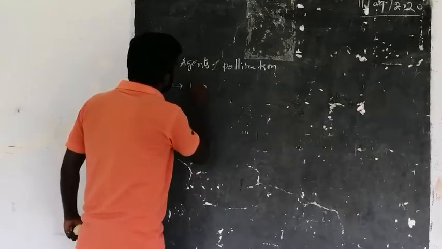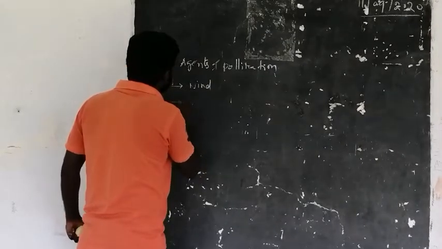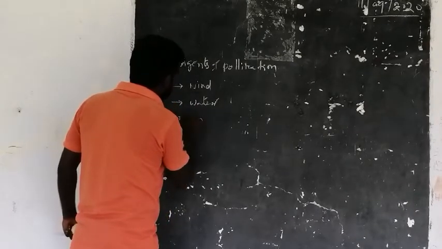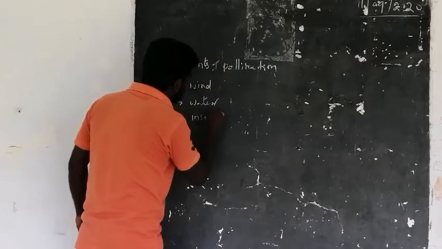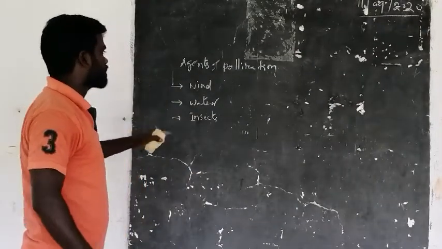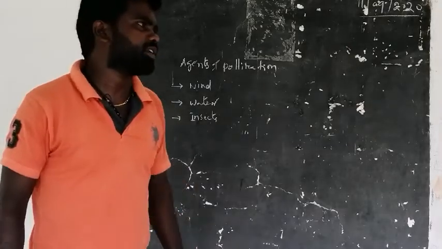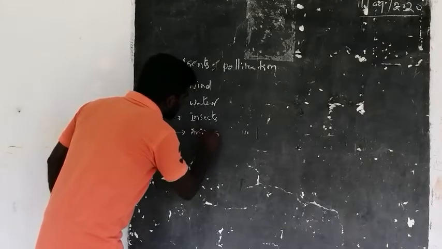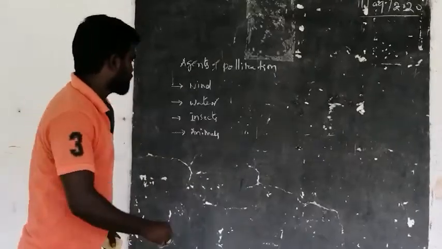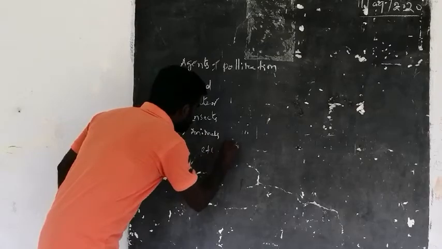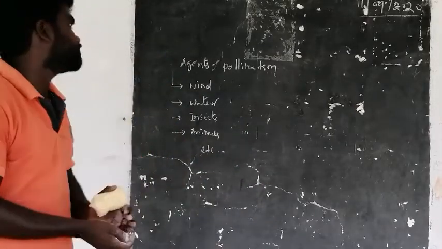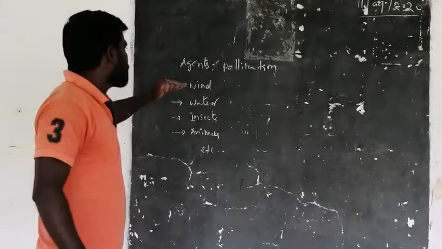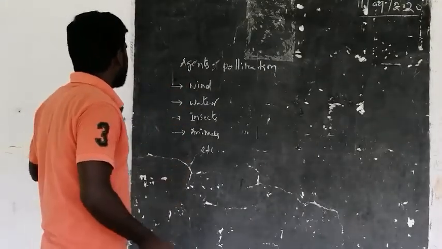They are mainly wind, water, and insects, and other animals are also there. These are all called agents of pollination.